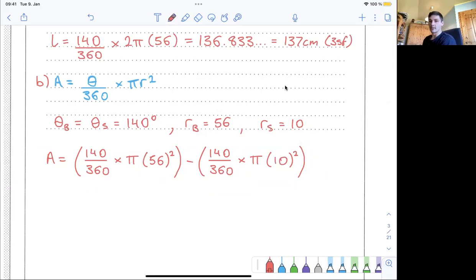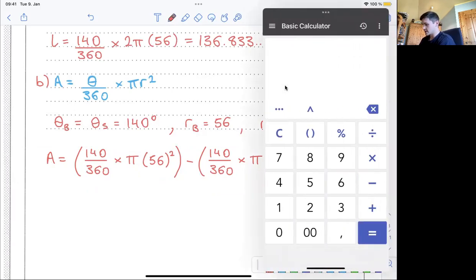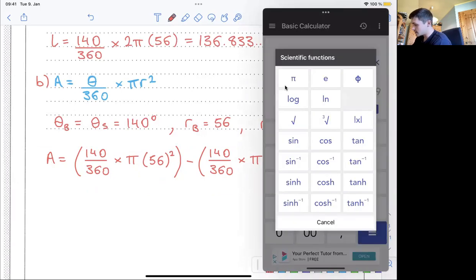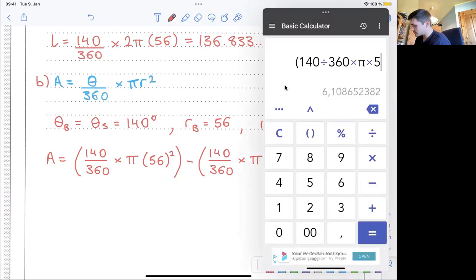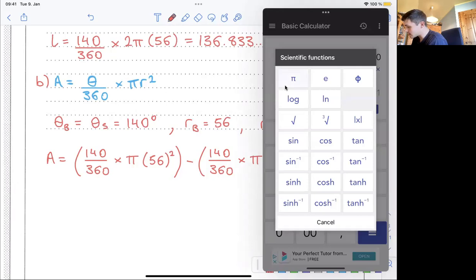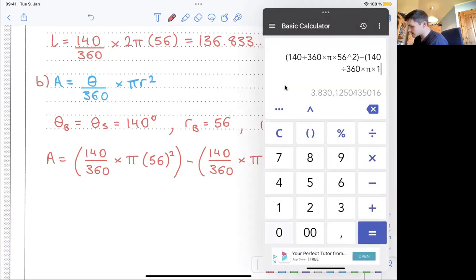All right, then there we have it. So let's go and do that. Actually, we're going to need some brackets here. 140 divided by 360 times pi times 56 squared, subtract 140 divided by 360 times pi times 10 squared, which I could have just put in as 100, but let's do that. And so there we have our answer.